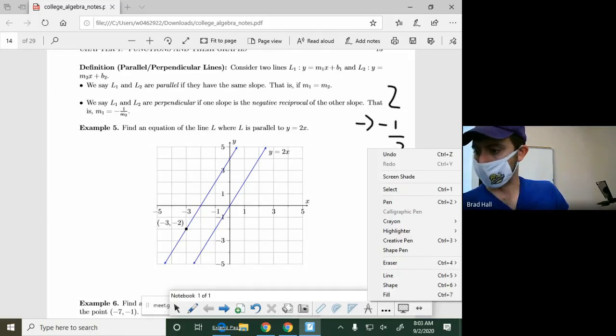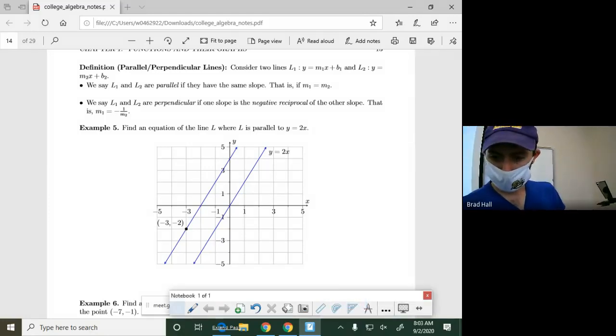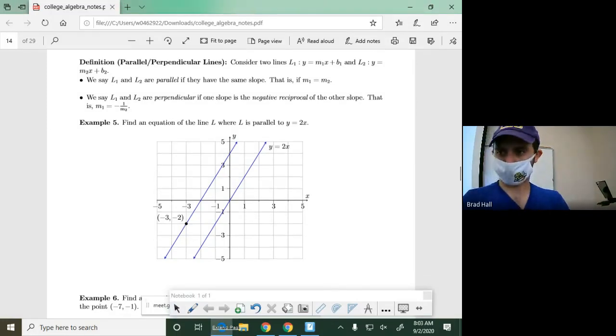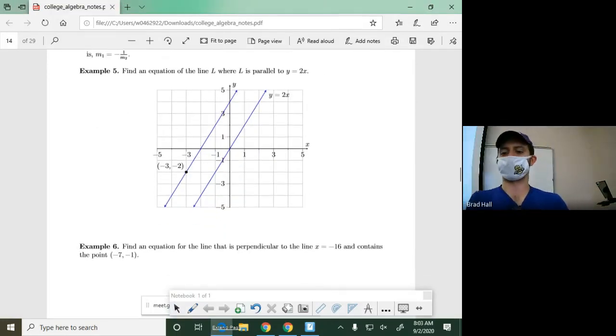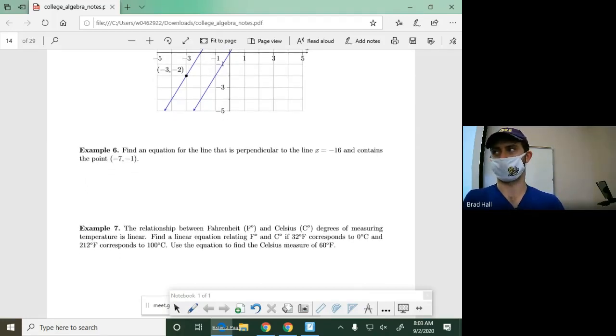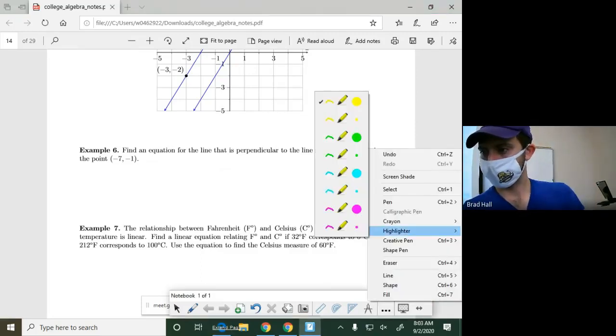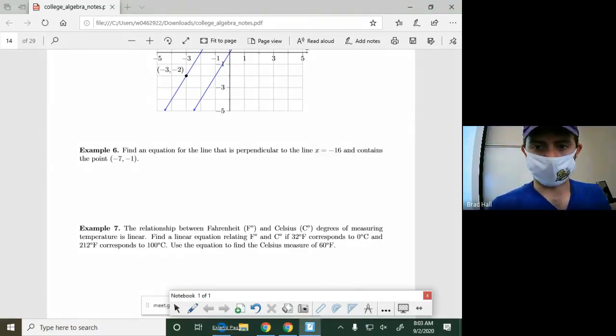So let's go ahead and look at a problem. Now, if you printed out my notes, or if you've referenced my notes recently, example 6 will look much different. I changed example 6 right before class.